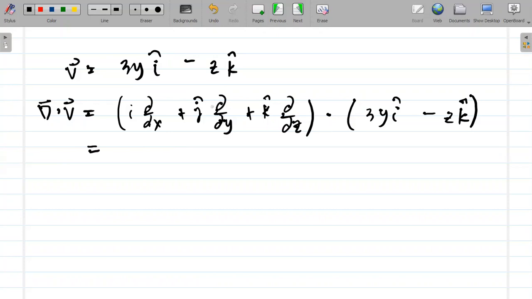So class, let's combine the i hats. What is the partial x of this? That is 0. Then the partial y, there is no j hat component here, so it is plus 0 j hat. So automatically our second term is 0.